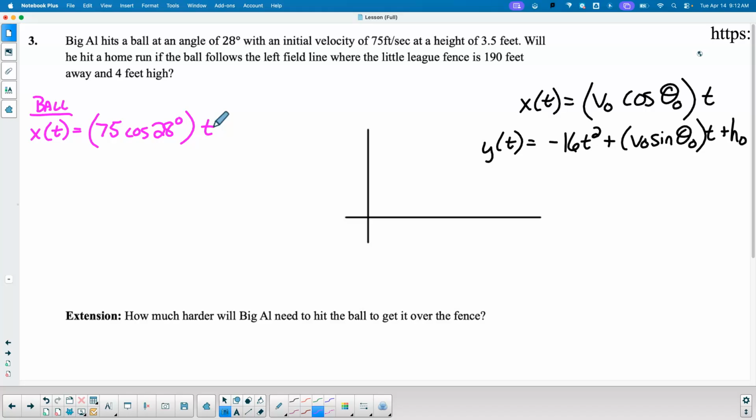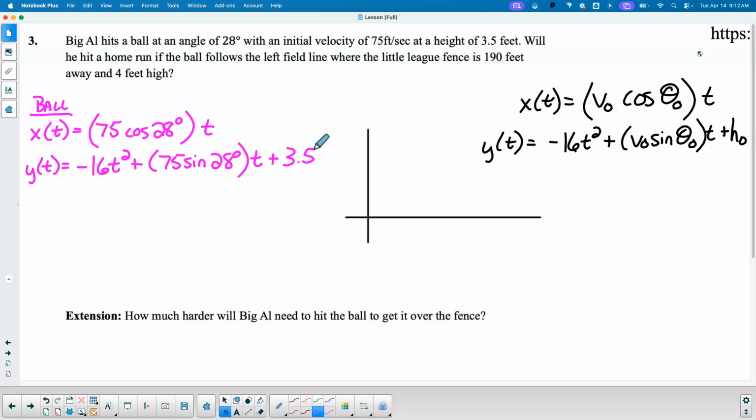Our y equation: negative 16t squared plus 75 sine of 28 degrees times t plus 3.5. Agree with me on that?